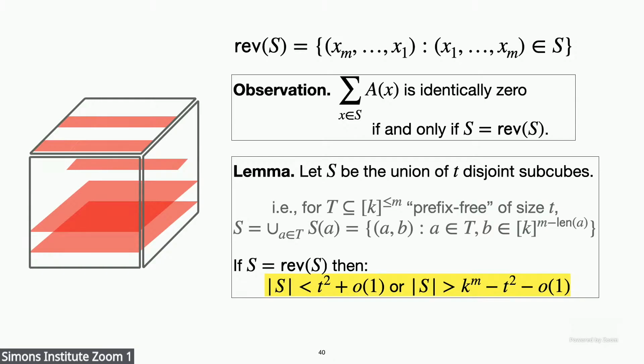So S is a kind of dangerous set in the sense that if I can remove this mask, then S has to be really small or really big.